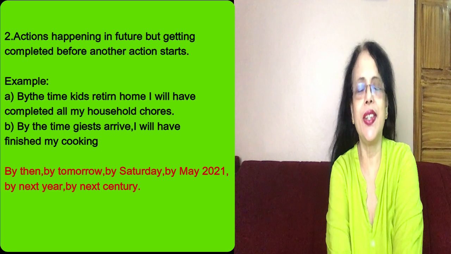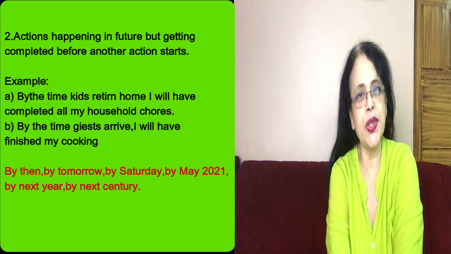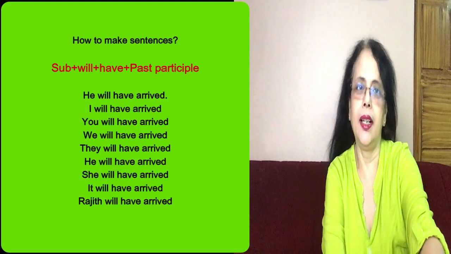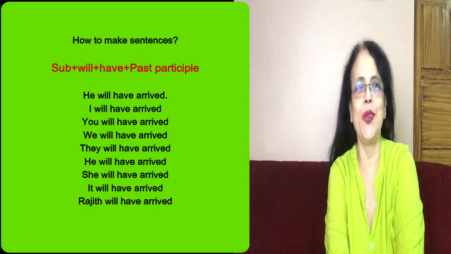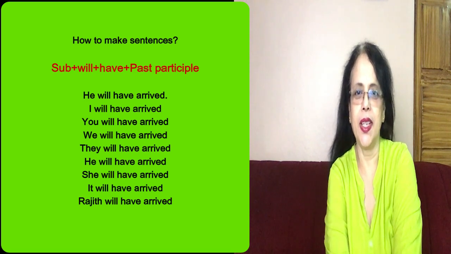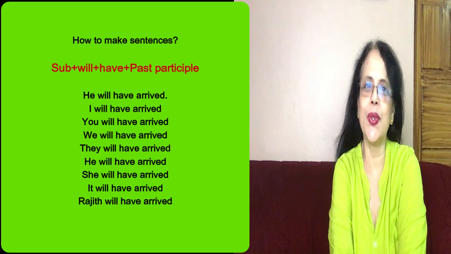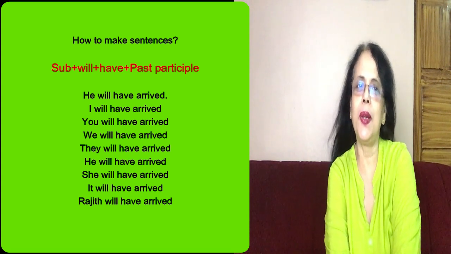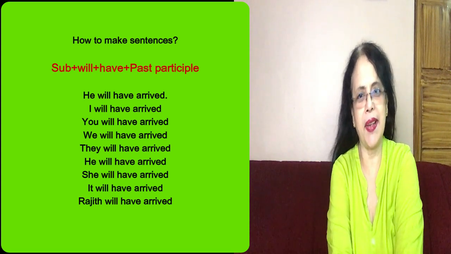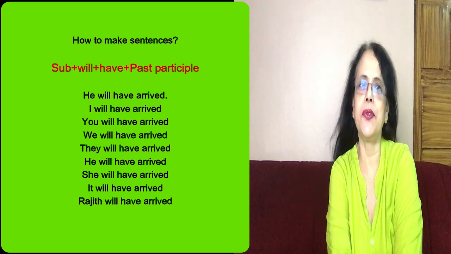So generally we use these expressions in future perfect tense. Let's see how to make sentences in future perfect. The structure, as I told you, is very simple. It's just subject plus will plus have plus past participle form of the verb.